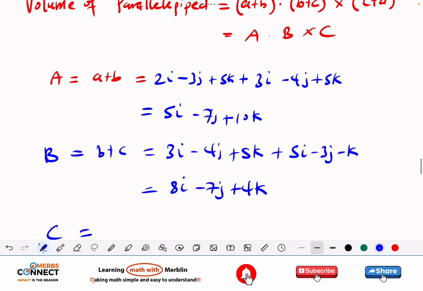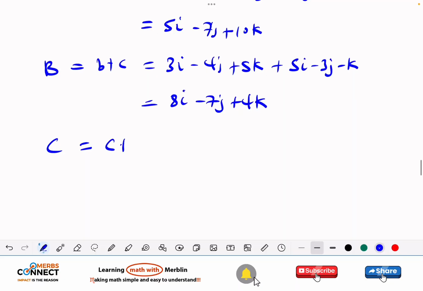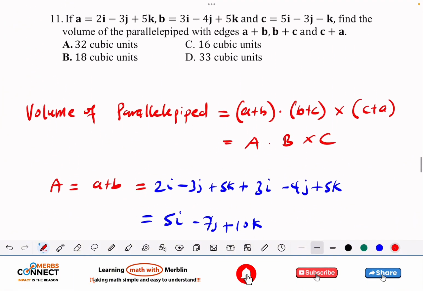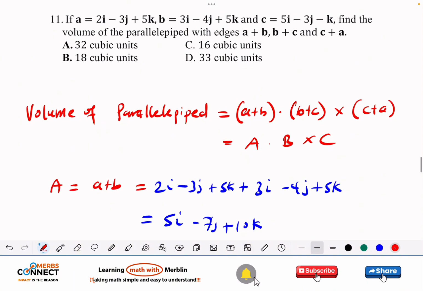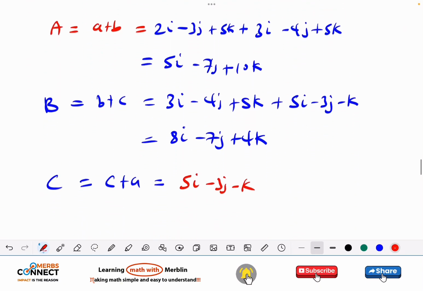And let's look for the last one. What is C plus A? C is 5i minus 3j minus k, which is from here. And then A is 2, minus 3, and 5. Is that right? Good.